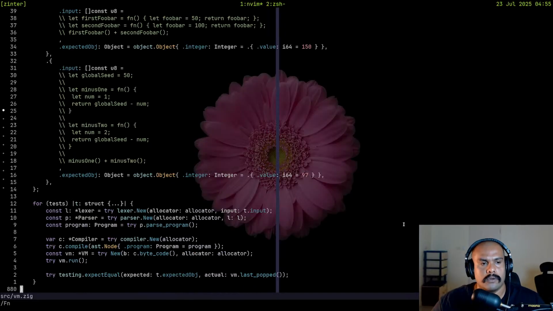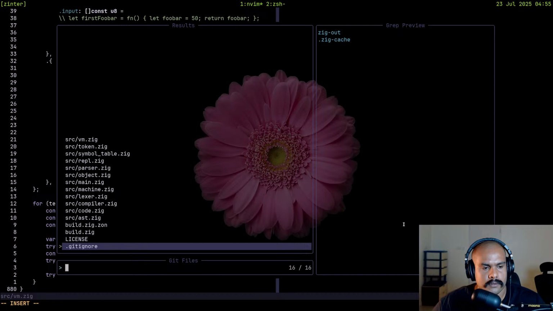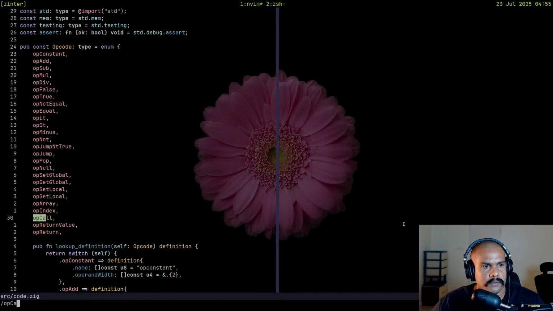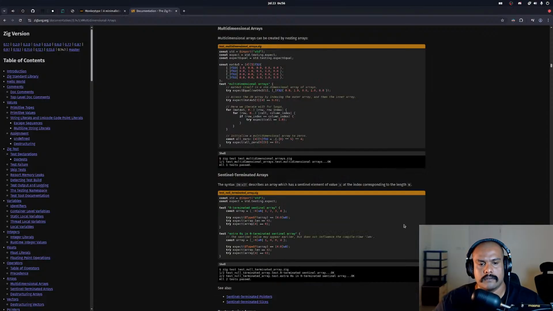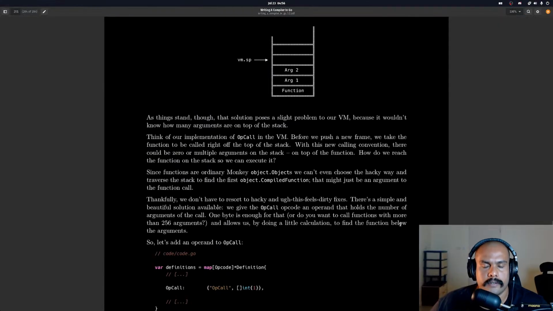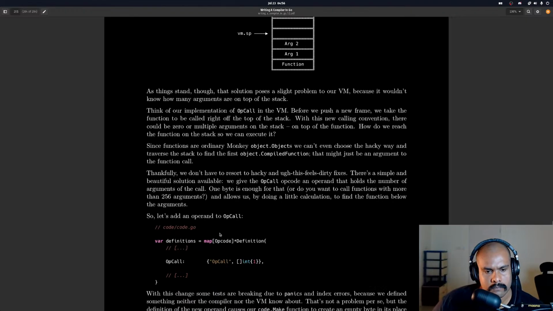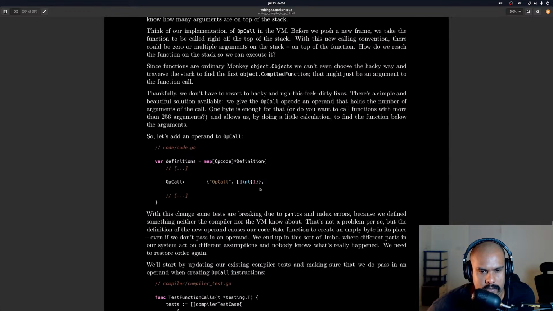What does opcall take as an operand? Okay, nothing. Okay, makes sense. So you add a single operand, and when you compile, you add the number of arguments. How do you execute it still? Do you pop those many things off?